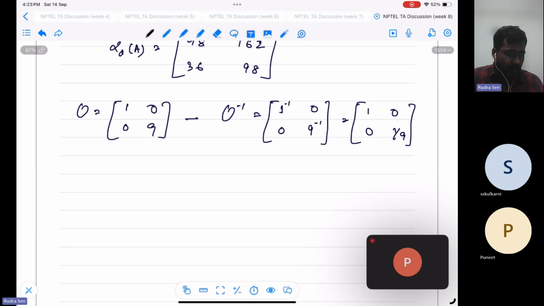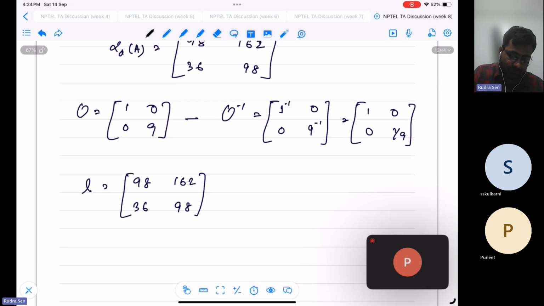Then I have nothing else, so it is 98, 36, 162, 98, with 0, 1 by 9, and 0, 1.